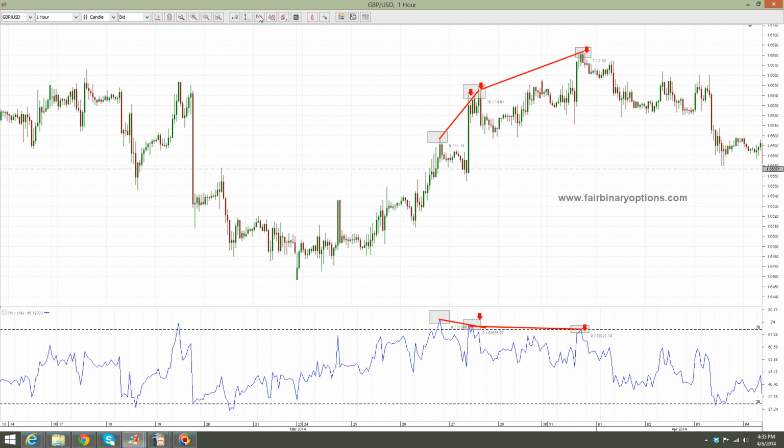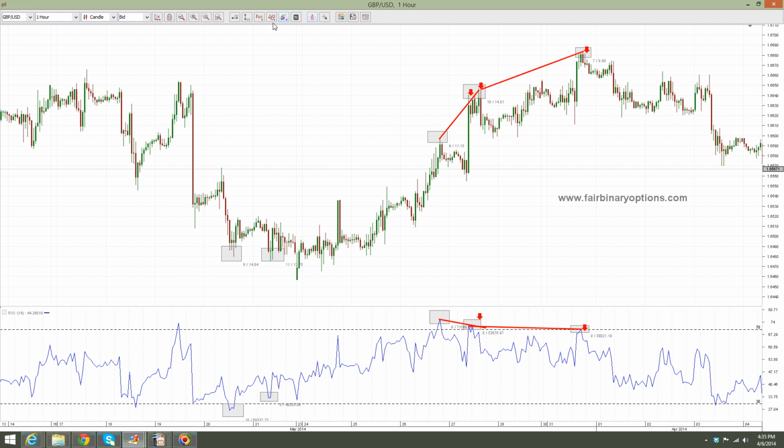For example, this is a low that price made. This is a low that the oscillator makes. This is another low that price makes here, but the oscillator is not confirming that low.